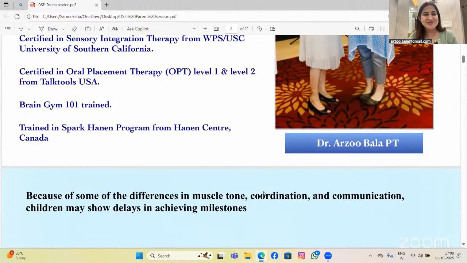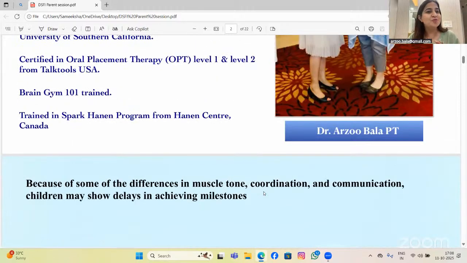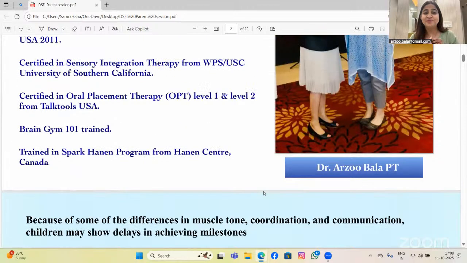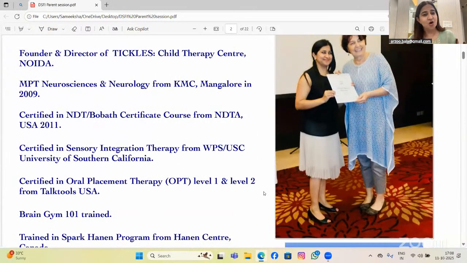Do I have the skills to help my child? Am I able to do justice to this work? In that time, getting professional support is very important. So I won't take a lot of time on this, and will go directly to why early intervention is required.